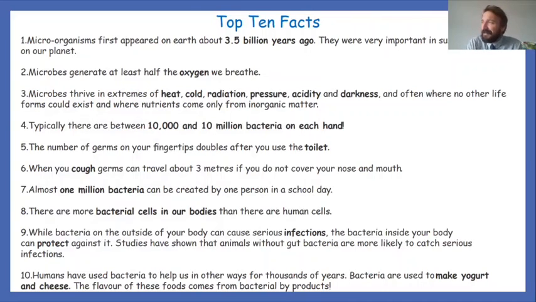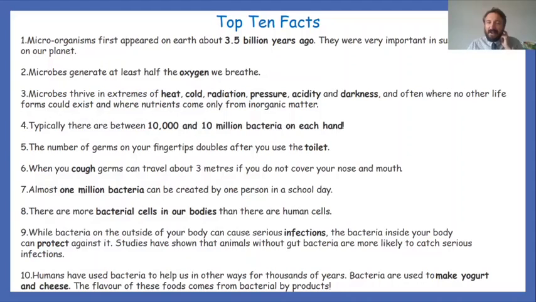It just blows my mind to think that these little organisms are all around us. Microbes thrive in extremes: heat, cold, radiation, pressure, acidity, and darkness, and often where no other life forms could exist, and where nutrients come only from inorganic matter.